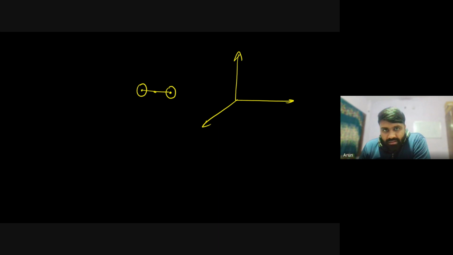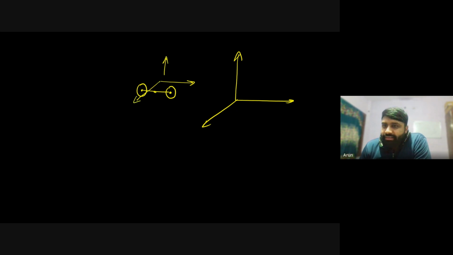Like, just a second. If this is a system, let's say these are two balls attached with this rod. Okay, so they can move in this direction, up direction and z direction.